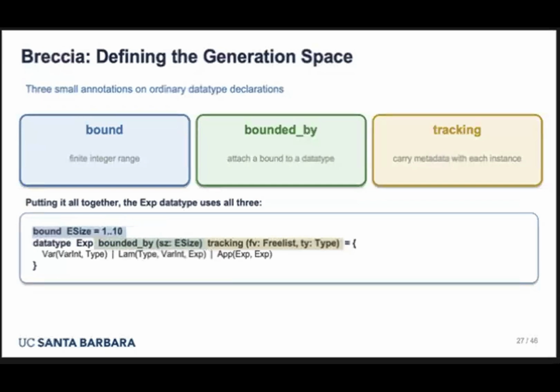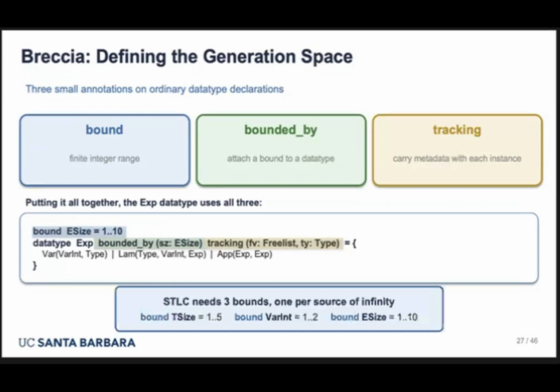In this case for expression, you can see we're tracking the free list and the expression's type. One thing to note is that in this coding example we're only showing bound expression size, but it's important to note, as you're going to see later, that the actual generator for simply typed lambda calculus is going to need 3 bounds, 1 for each source of infinity.